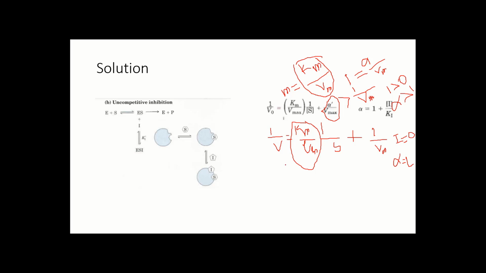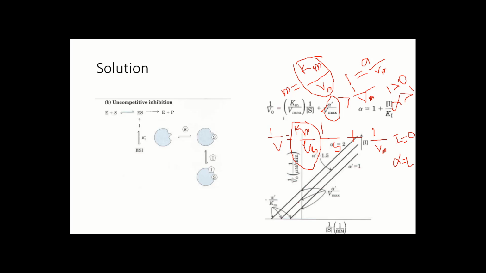So the 1/V versus 1/S plot with alpha' = 1 means there is no inhibitor, I = 0. In the absence of the inhibitor, this is your line. When you increase the inhibitor concentration, I will be greater than 0, and alpha' will be greater than 1.